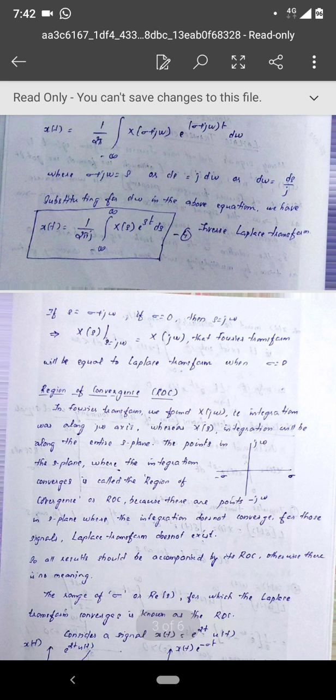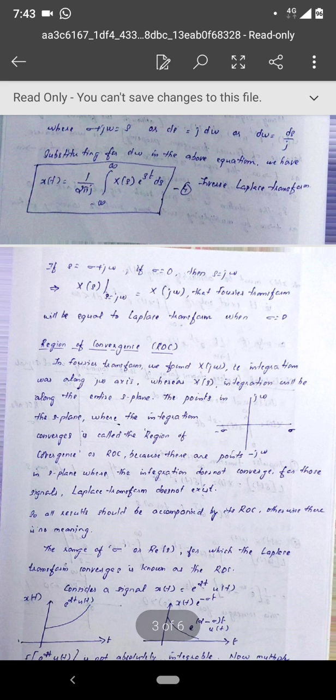What is the real part of s? s is nothing but sigma plus j omega, so the real part of s means sigma. The value of sigma will actually decide the convergence, or existence, of the Laplace transform.